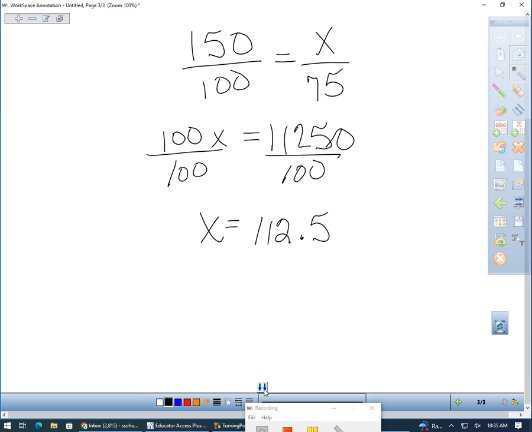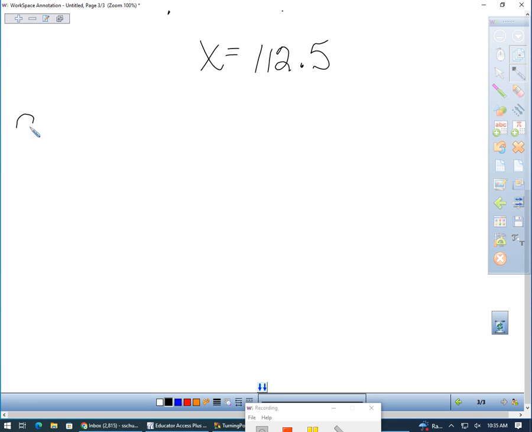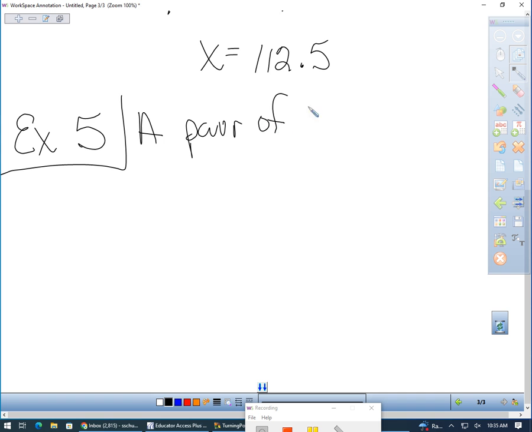Okay, here is example number 5. We're going to do 5 here, and I'm going to talk about one more thing, and that's going to be example 6, and then I'm done. On this one, I have a pair of jeans that cost $65.